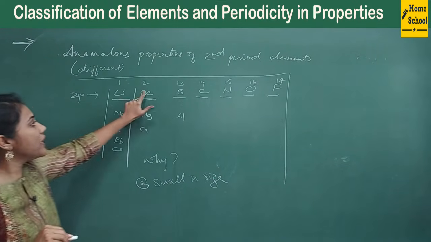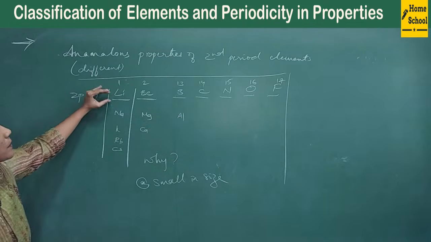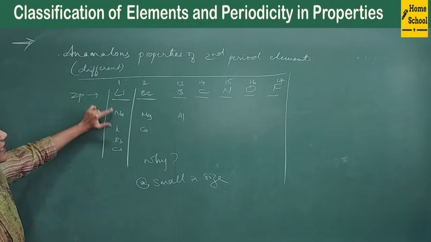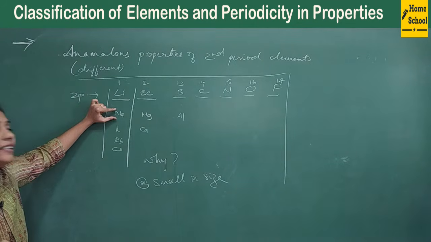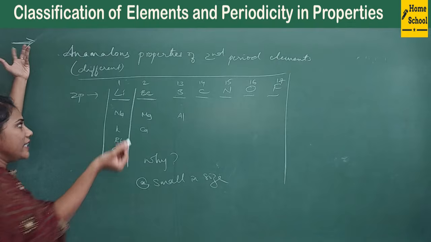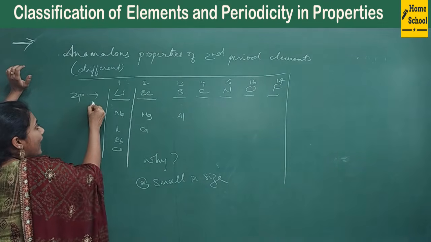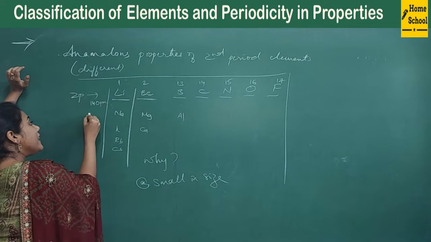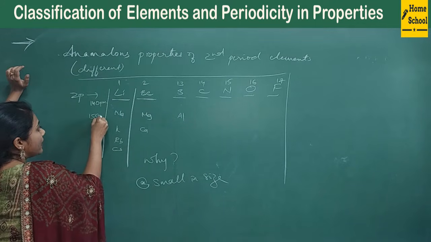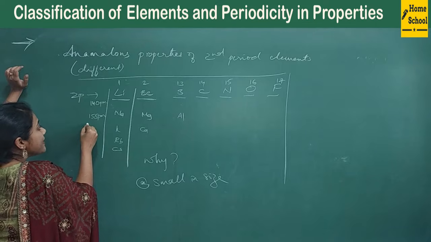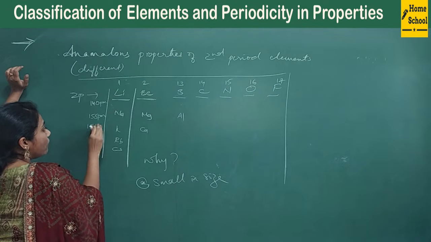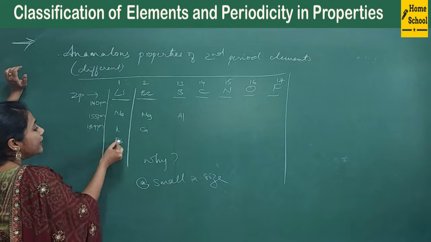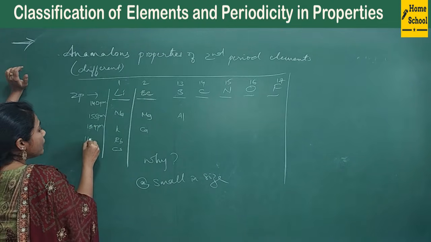All the first placed elements are very small in size compared to the next elements. There is usually a large size difference between lithium and sodium. For example, if lithium's atomic radius is 140 picometer, sodium's is 155 picometer, potassium's is about 159 picometer, and rubidium's is 165 picometer.